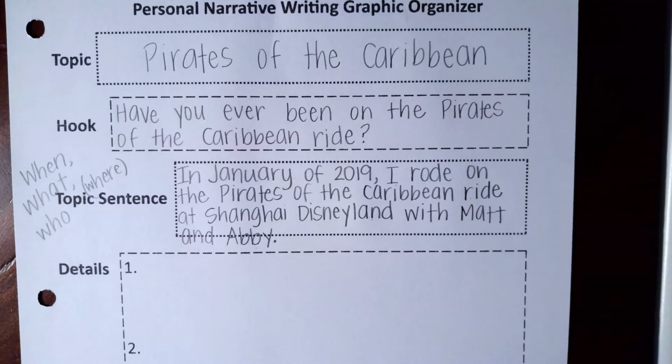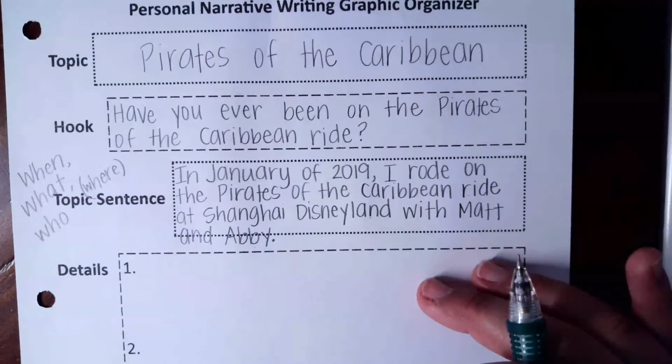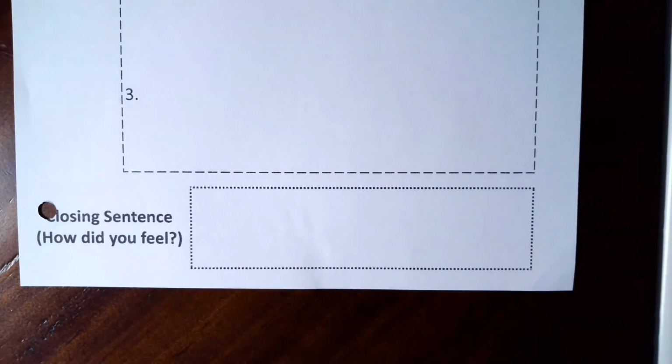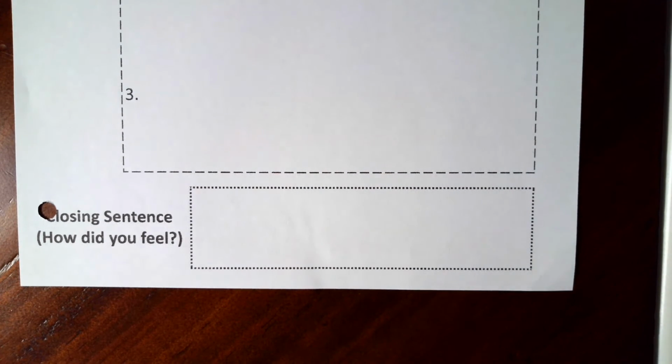Okay, once you get done with that, you're going to jump down to your closing sentence. Remember, we're saving the details for later. So usually a closing sentence, or sometimes a closing sentence in informative writing, opinion writing, is going to change, or is going to restate what you already said in your topic sentence.